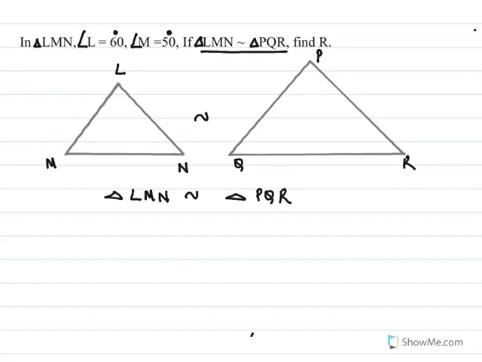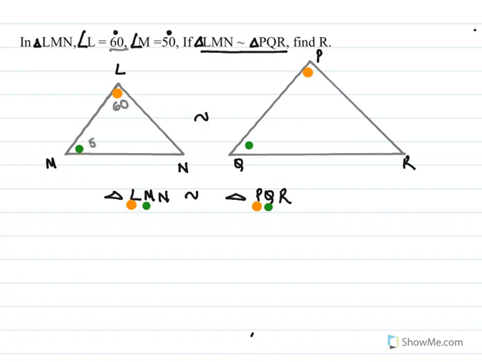So I can say here angle L will be equal to P. Then we have M will be equal to Q. So let's mark the angles. They gave angle L as 60 here. So we will write 60.